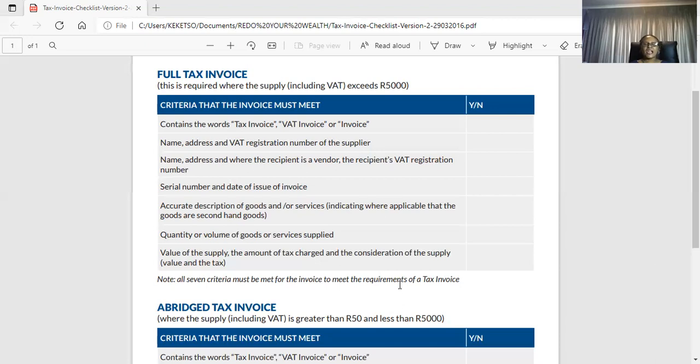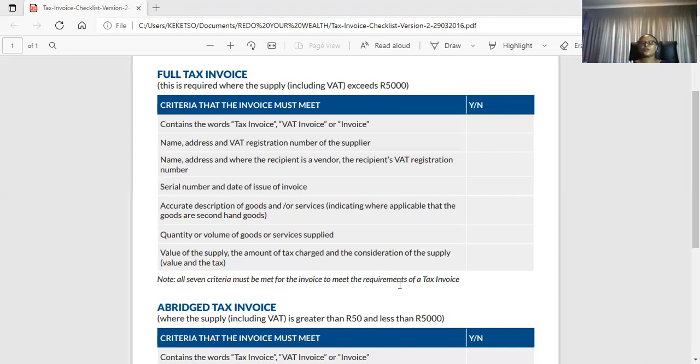Then you've got to say, here is the VAT amount that I charge, 15%. It must be written there, 15%. Let me say the value of the supply is 2,000. You calculate 15% of that, which is 300. You put it there, 300, and then the total is 2,300.